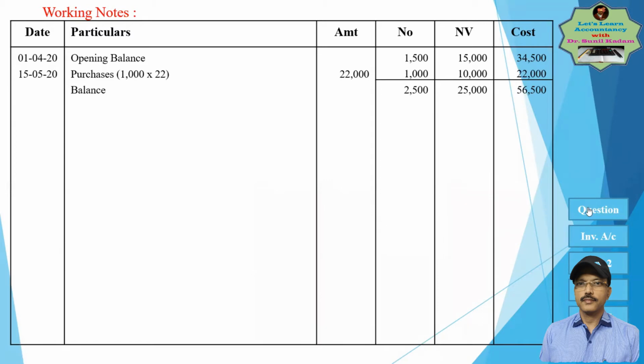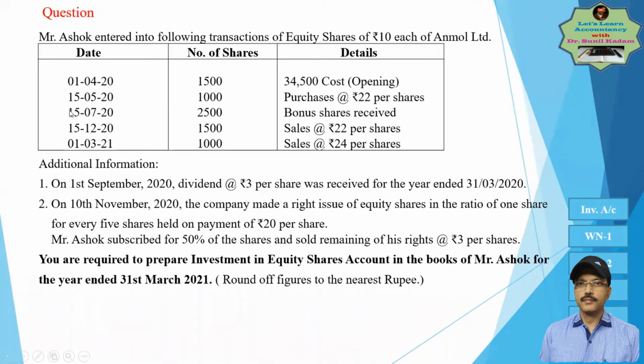Let's check out the next date in the question. Till this date, everything is fine. The next dates are 1st September and 10th November, but prior to that there is 15th July 2020: 2,500 bonus shares received.